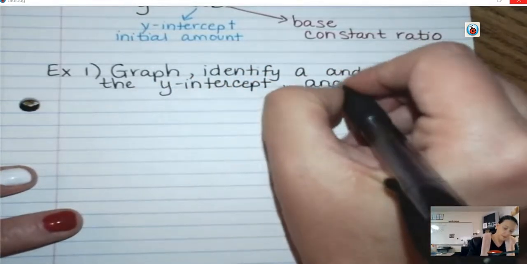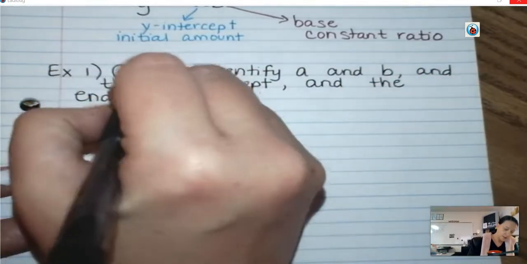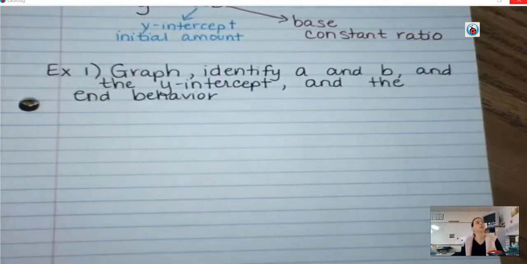And the end behavior. This is probably the hardest part of the lesson, is the end behavior. It's something brand new for you guys. I'm not going to write these directions down every time we have a new example today, but each time we're going to graph the equation, identify what's the a, what's the b, what's the y-intercept, and figure out the end behavior.